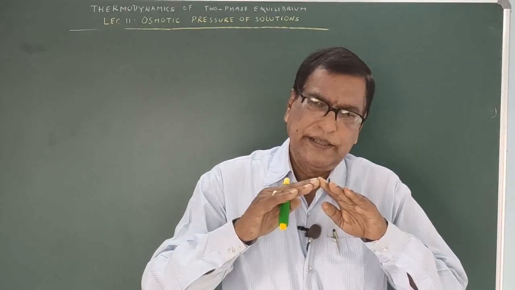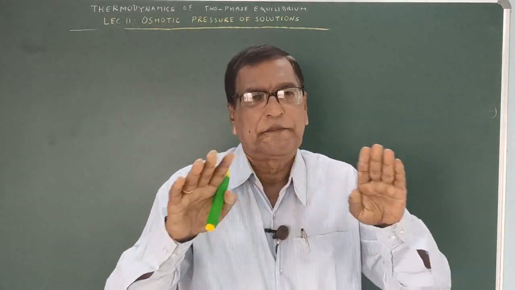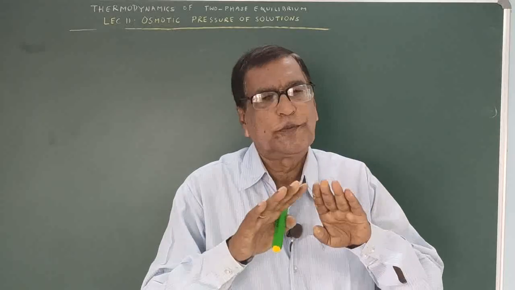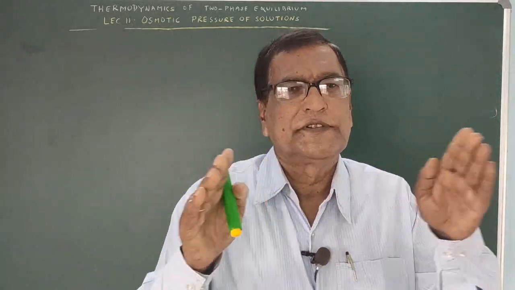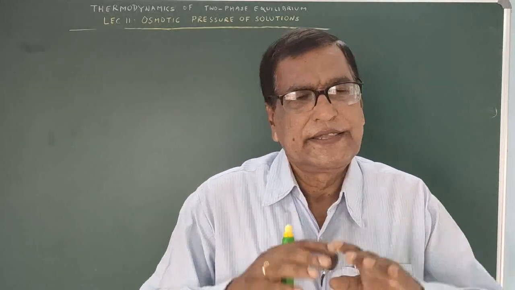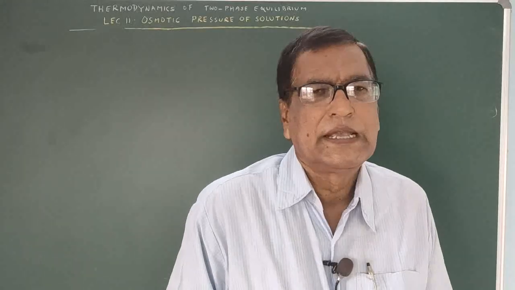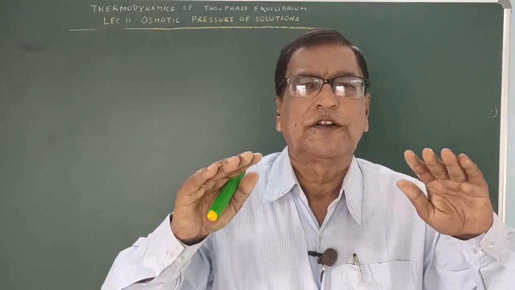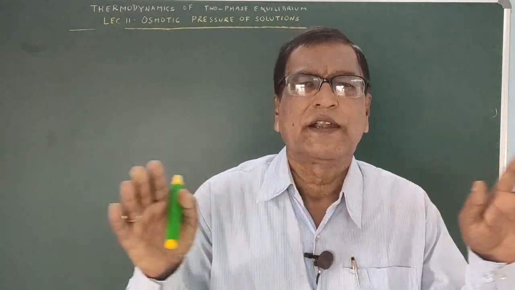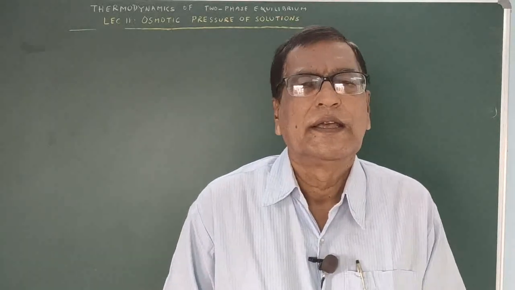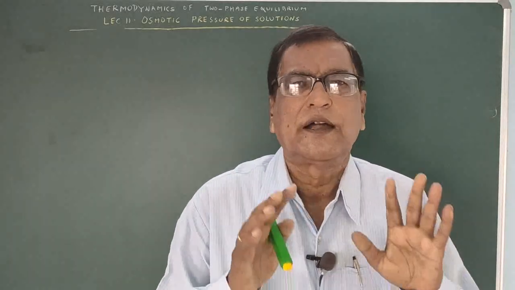The egg shell lining, parchment paper, cellophane paper, and the vegetable skins, they are all natural semi-permeable membranes, and they are useful for natural processes to occur. Several natural processes are occurring, and these semi-permeable membranes are used.